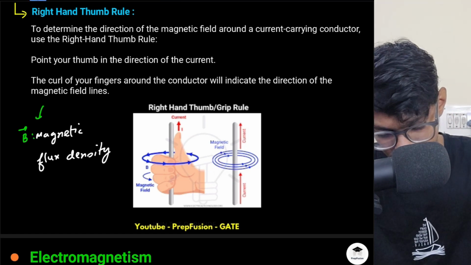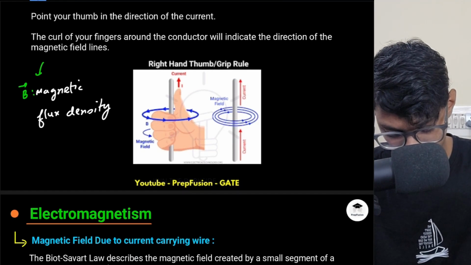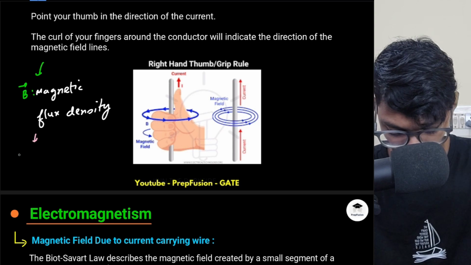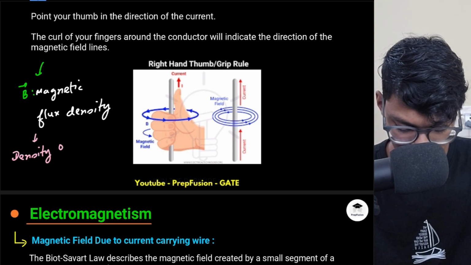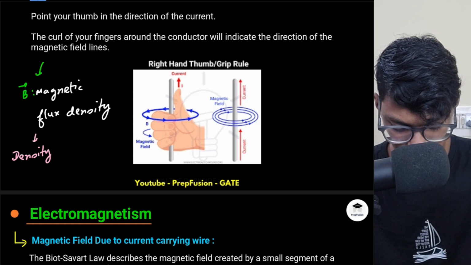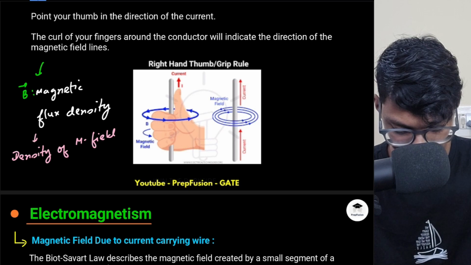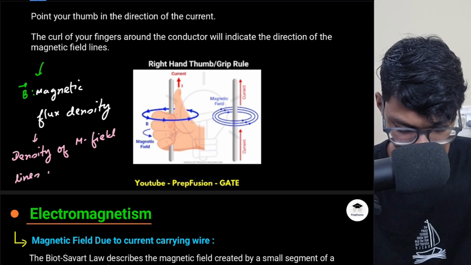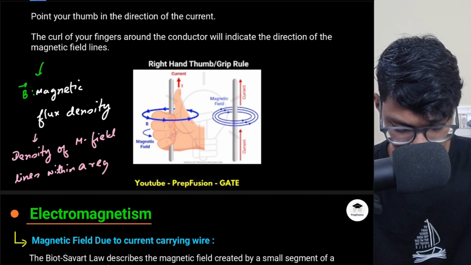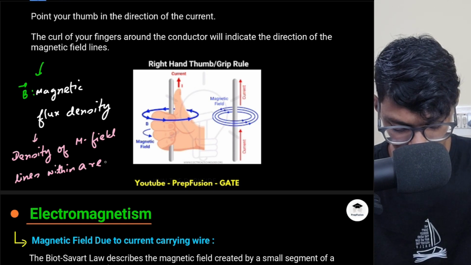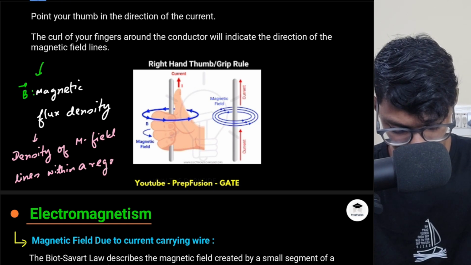Just giving you a brief definition: density of magnetic field lines within a region. Same as electric flux density.